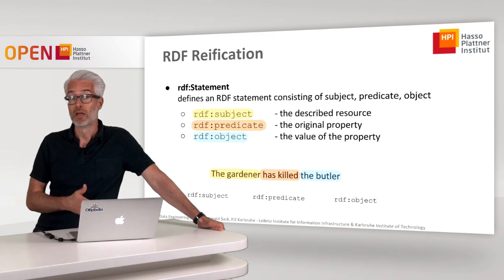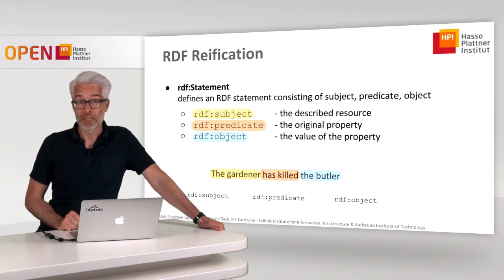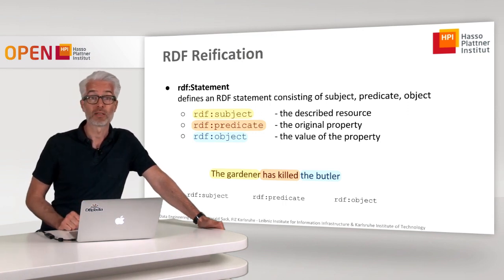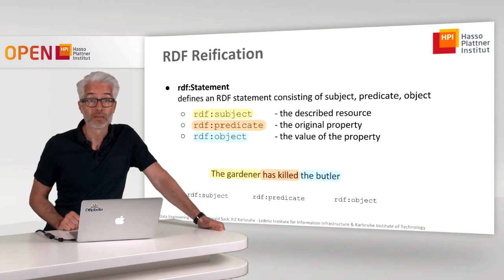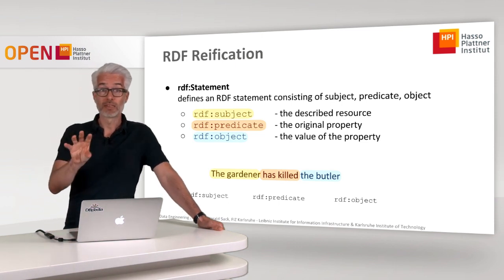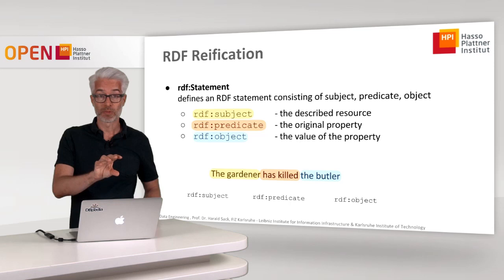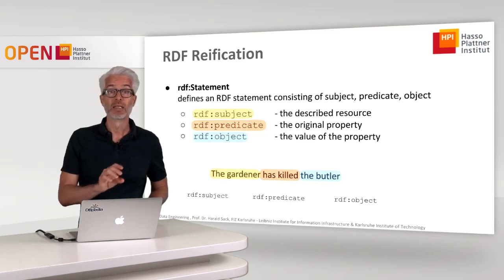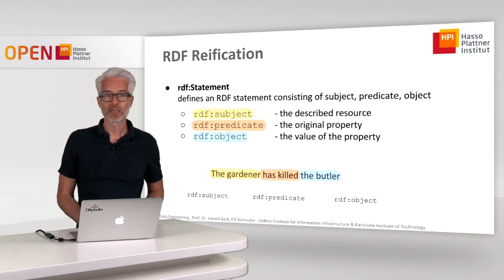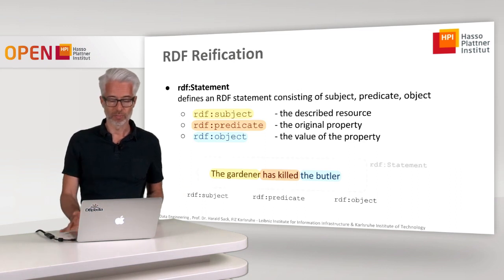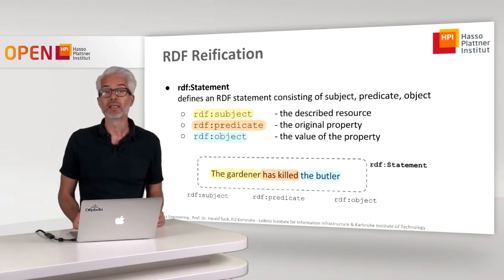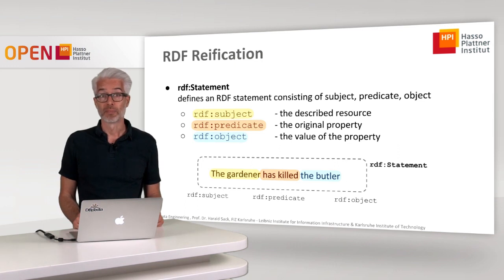This is also the usual name for this thing in a statement in natural language or in linguistics. So a statement consists of RDF subject, RDF predicate and RDF object. As you see here, the gardener would be our subject, has killed would be our RDF predicate, and the butler would be the RDF object. And the entire thing then is the RDF statement.